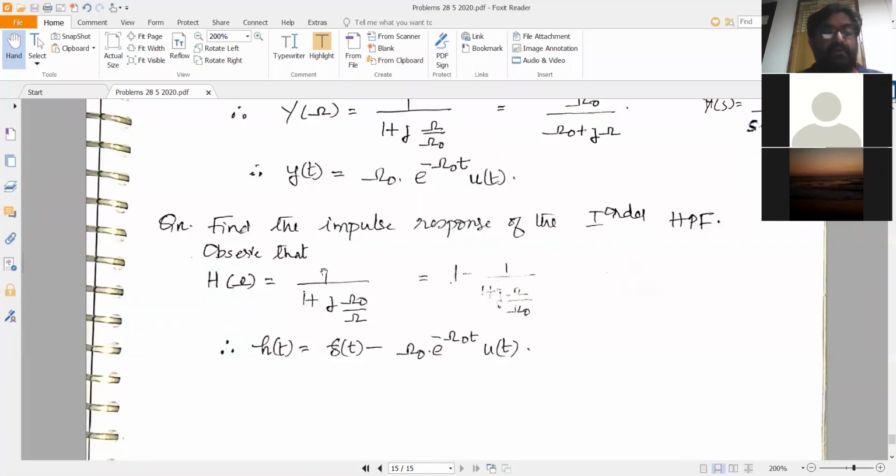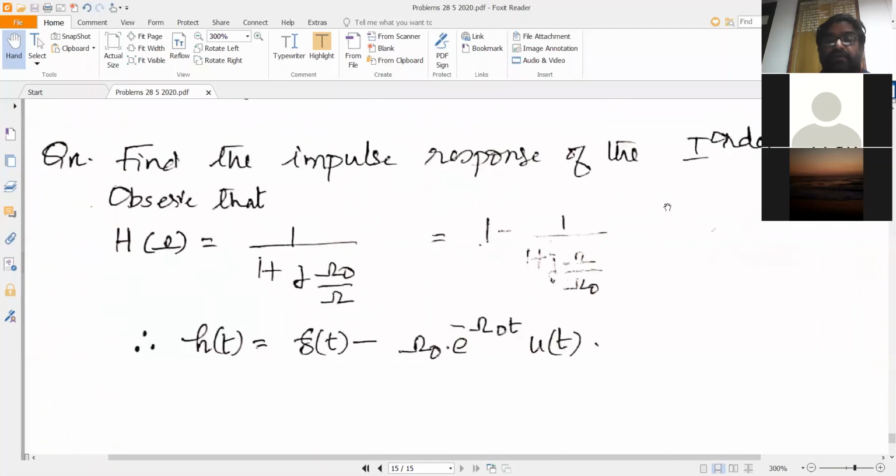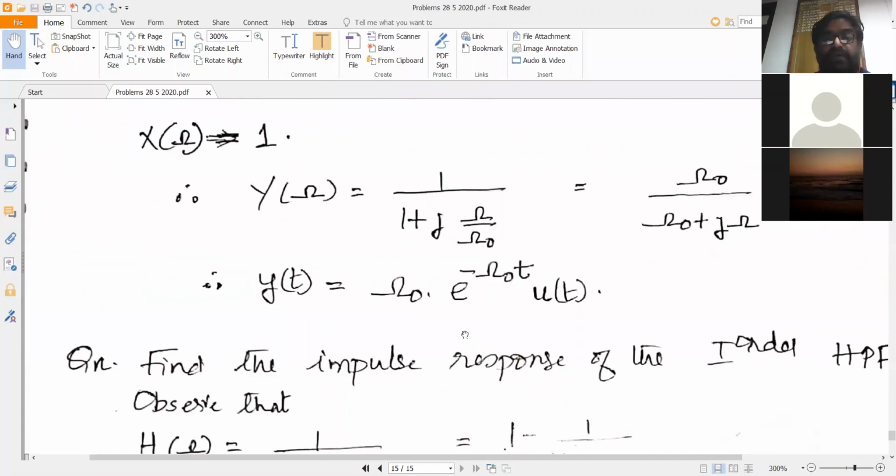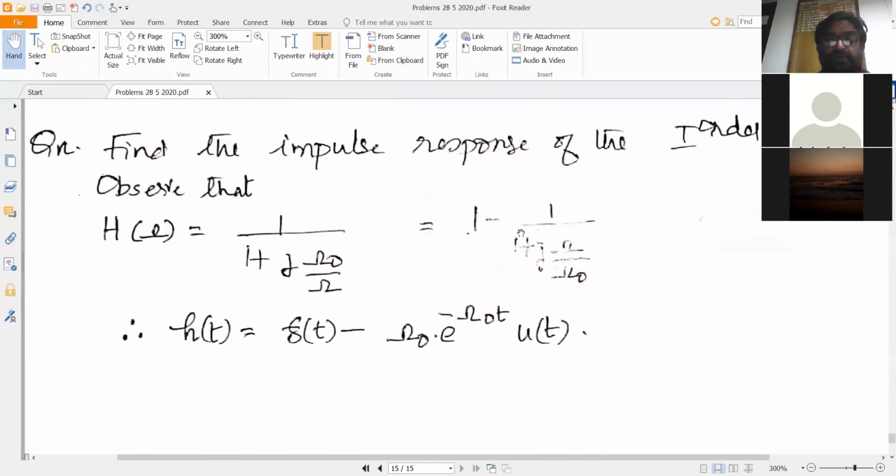So you can write from observation that 1 by 1 plus j omega 0 by omega is equal to 1 minus 1 by 1 plus j omega by omega 0. So take the inverse Fourier transform of this expression. For this 1, the inverse Fourier transform is delta t, and this part you have already derived just now as omega 0 e raised to minus omega 0 t into u of t.